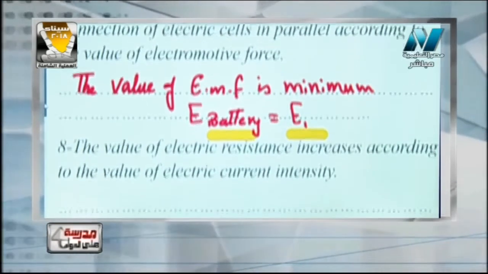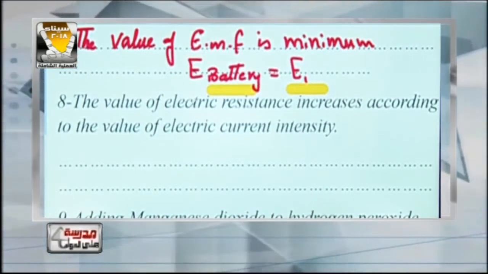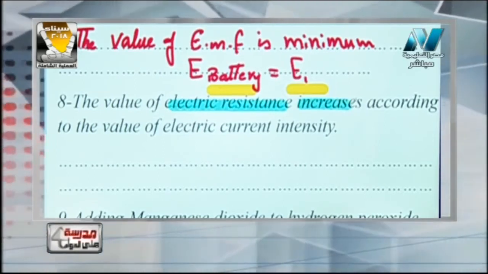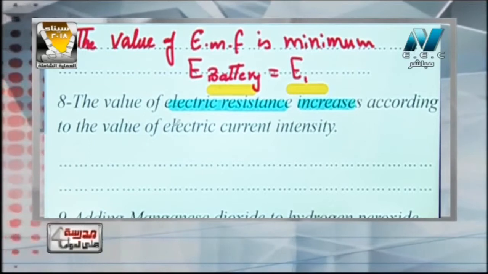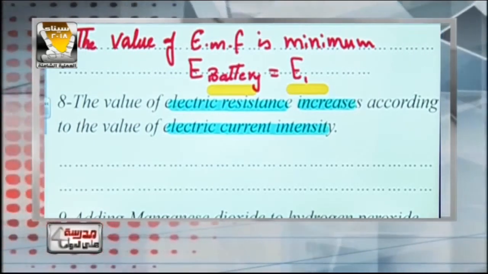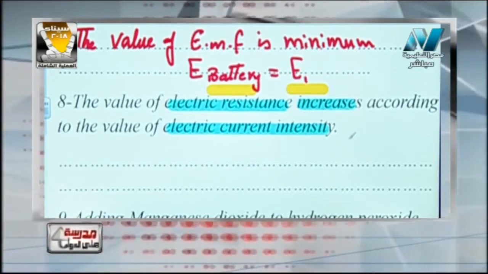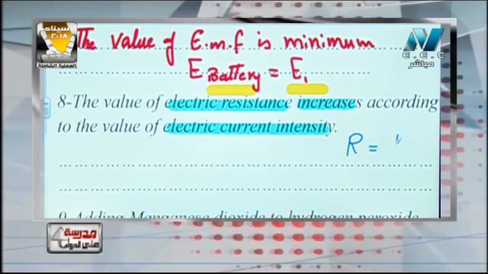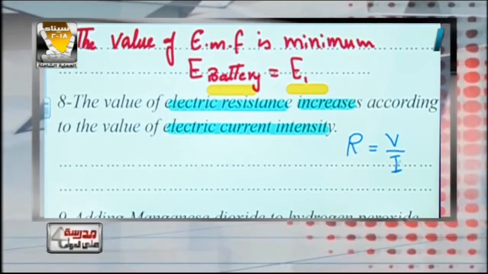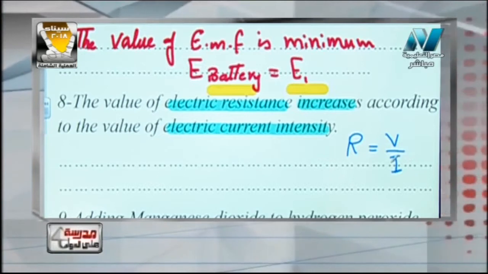Next question: what happens when the value of electric resistance increases? So here we talk about electric resistance. The value of electric resistance increases, according to the value of electric current intensity. How can we find the relation between the electric resistance and the electric current intensity? As we have R equal V over I. So R, which means electric resistance, equals potential difference over the current intensity.